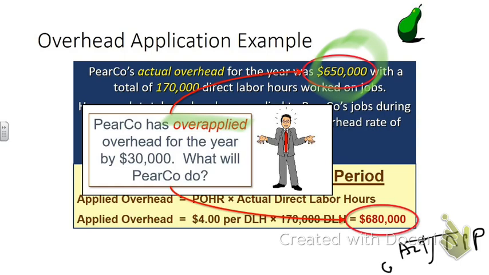They've got 650 in actual, 680 in applied, so they put 30,000 too much on jobs. The reason why that's so important is since they put 30,000 too much on jobs, that means their cost of goods sold is $30,000 too high. It's $30,000 higher than their expenses, so we've got to do something to get it down. Okay, so what we need to do is make a journal entry.